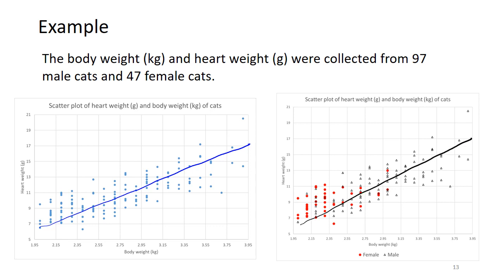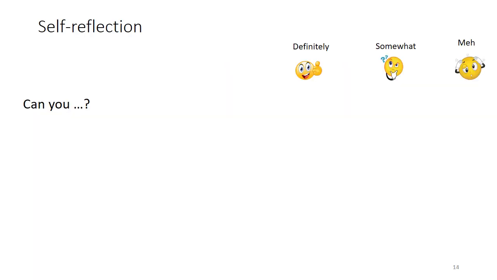But there is a weaker relationship between body weight and heart rate among female cats. Therefore, we have to be careful when combining groups to describe a relationship between two quantitative variables. Now, can you do this?